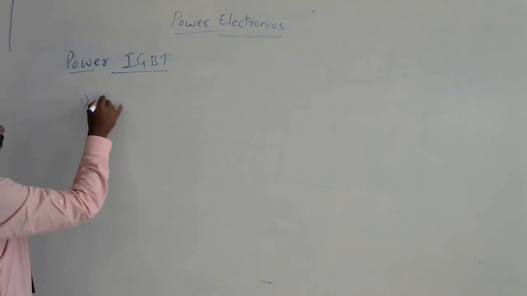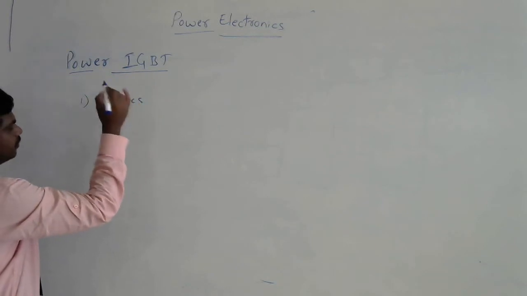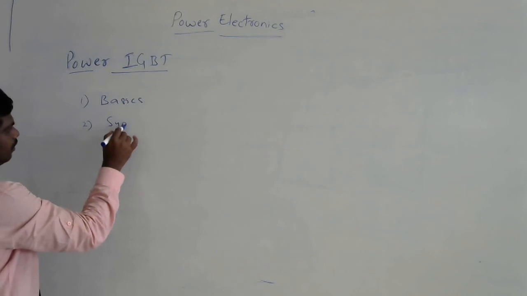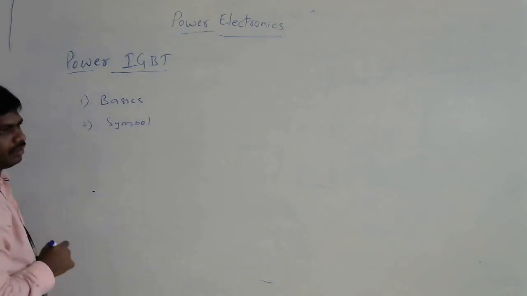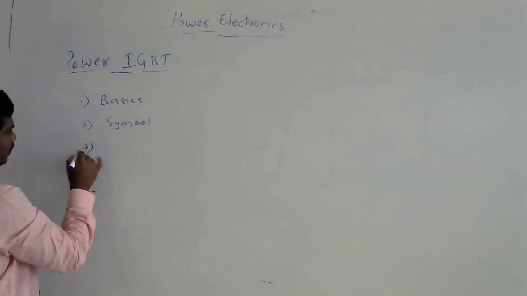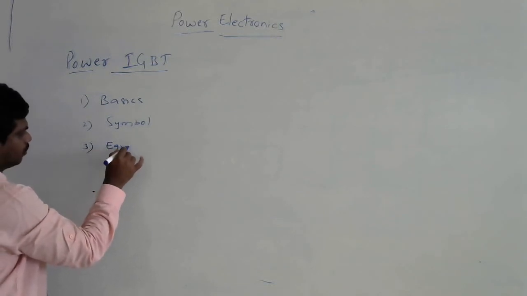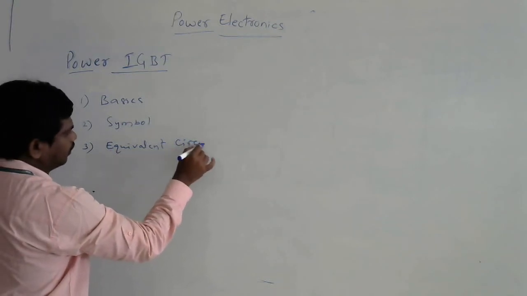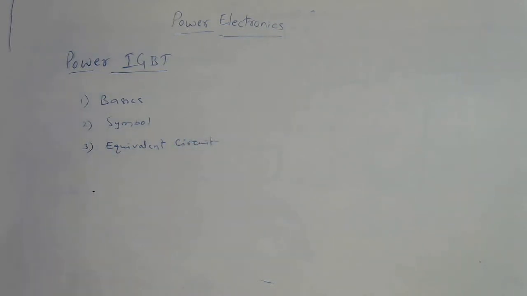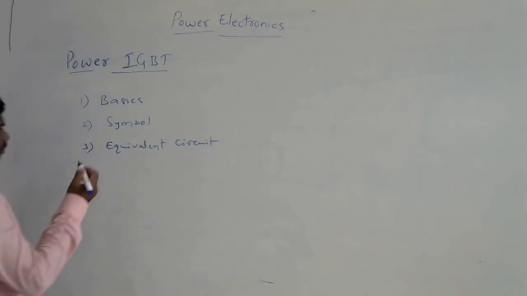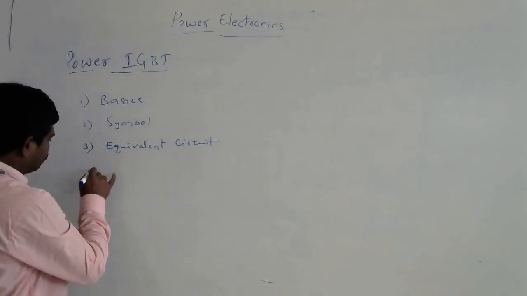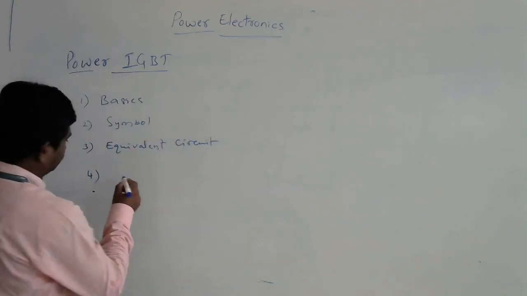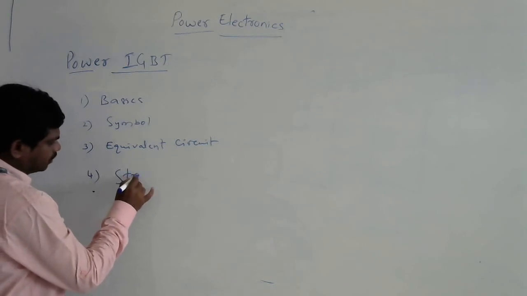First one is basics of power IGBT. Second one is its symbol, how to represent power IGBT. And third one is equivalent circuit. I will tell you why we are taking that equivalent circuit for only power IGBT. Fourth, we have to discuss its structure.